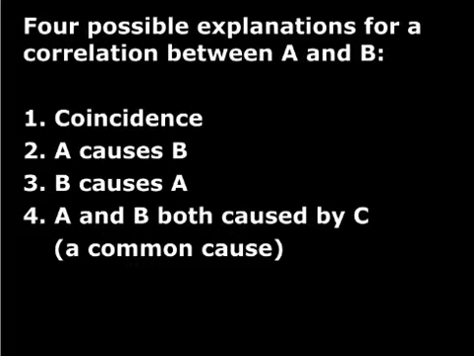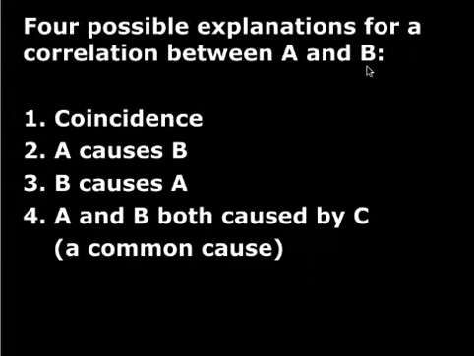Okay, that's why those things are correlated, because all of them are being caused by some common cause that's in the background, so to speak. Okay, so these are four possible explanations for a correlation.